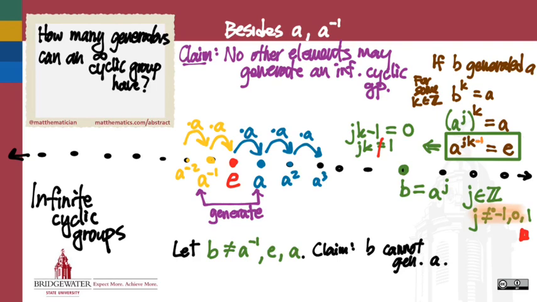It has to have exactly 2, because we know it's going to have 1 because it's a cyclic group, and we know its inverse is also going to be a generator. And then the last question is, why is the inverse of a definitely different from a? How do I know that this a and this a inverse are different elements? What if they weren't? What if a and a inverse were the same element? What would that tell you about a?